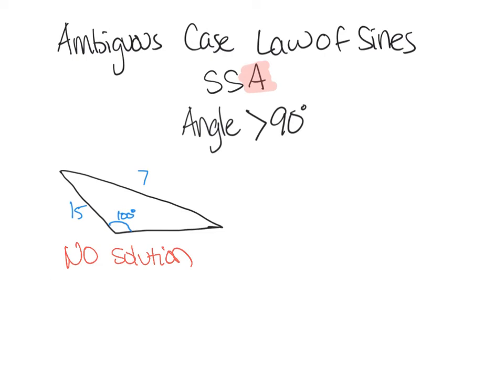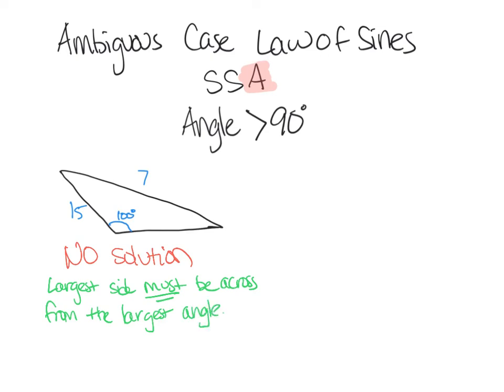So just a reminder, the largest side must be across from the largest angle. So what if we switch these sides? So I'm going to draw this triangle again. My straight lines today are really not straight.